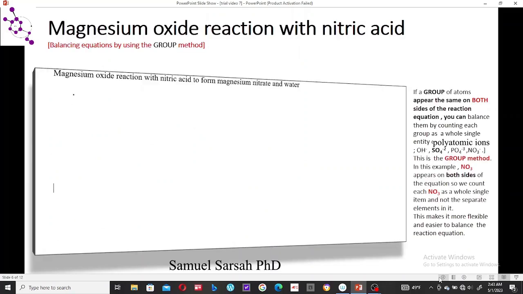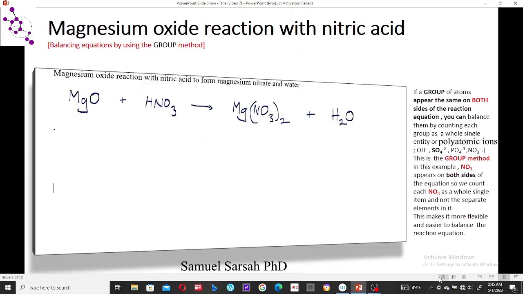Reaction between magnesium oxide and nitric acid. Let's list the items. So we have magnesium, we have oxygen, we have hydrogen, and then we have a group of atoms that form one entity.